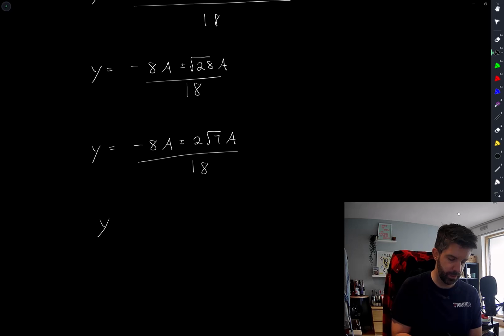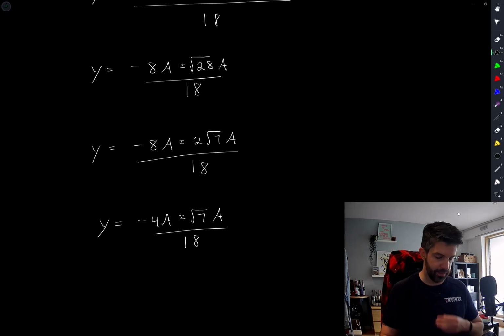So I have y is equal to -4A plus or minus root 7 A over 18.